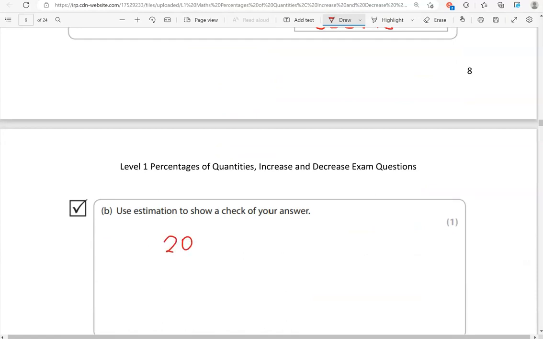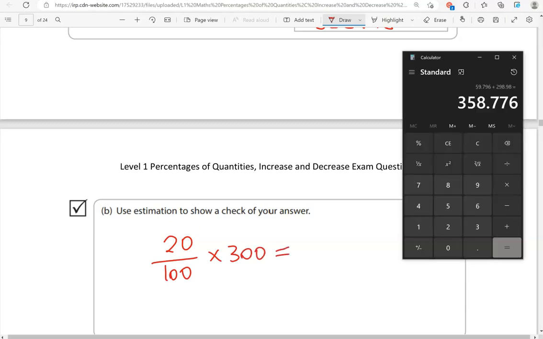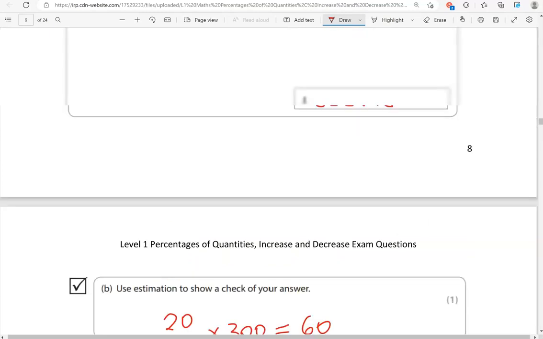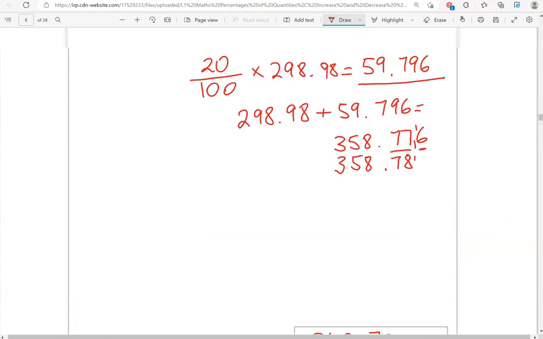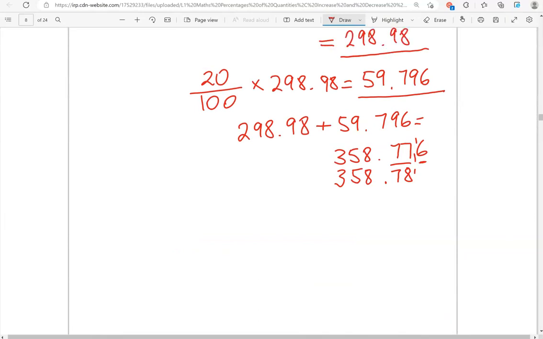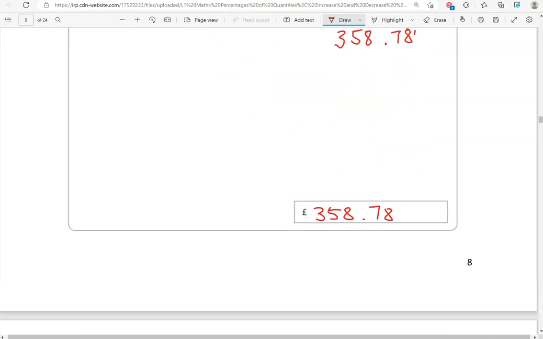So 20% of 300 gives us 60. So 60 now, add that to 300.